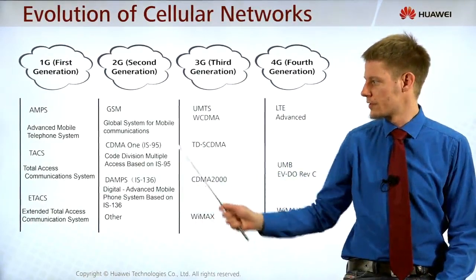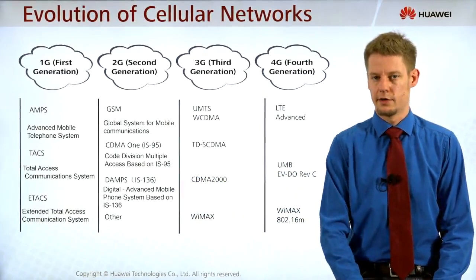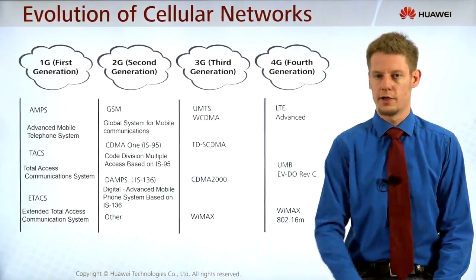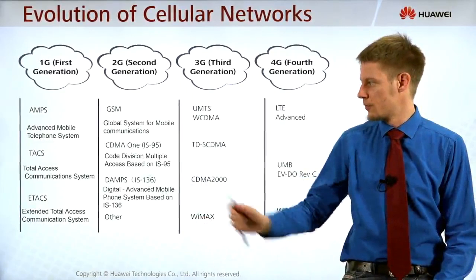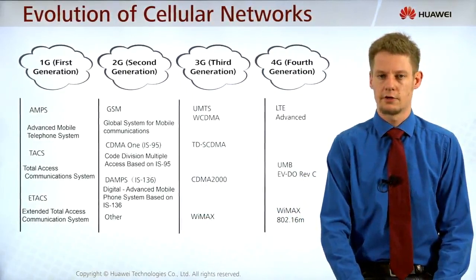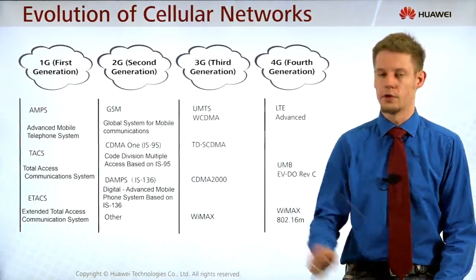But there were also other systems like CDMA1, which were using a slightly different way of dividing one user from the other. It was not so common, but both of them were further enhanced to the so-called third generation mobile networks. So usually after GSM, there comes UMTS.